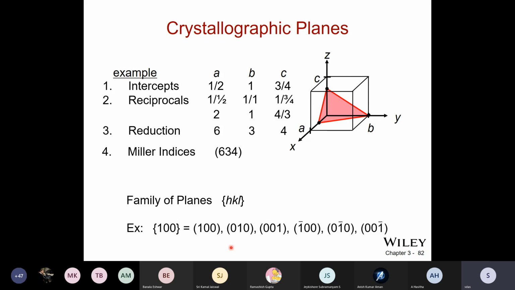Can I write these things? This is my question. Family of planes for a tetragonal system. Can I write {100}? Anybody?